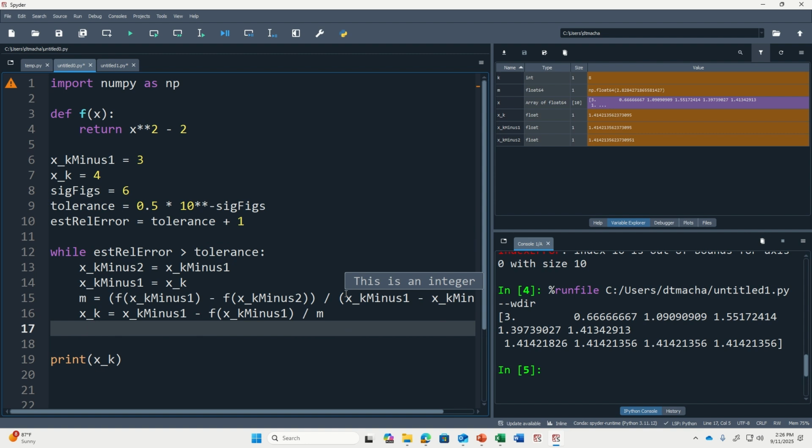And then how do I calculate my estimated relative error? I'm going to take my x sub k minus x sub k minus 1 and divide by x sub k. And then I need to take the absolute value of everything. Right?